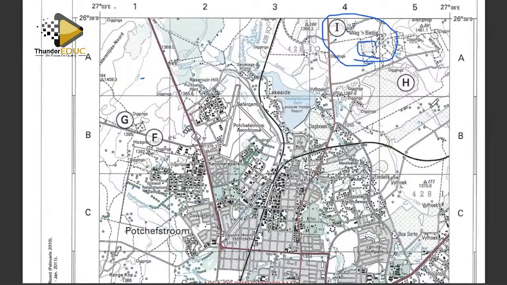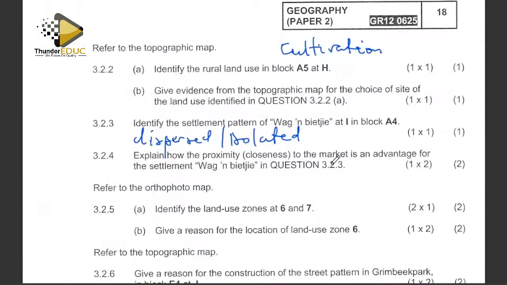So if it's close to the market, what is the advantage? We can conclude that it's easy to sell perishables if they are producing some farm produce there which is perishable.